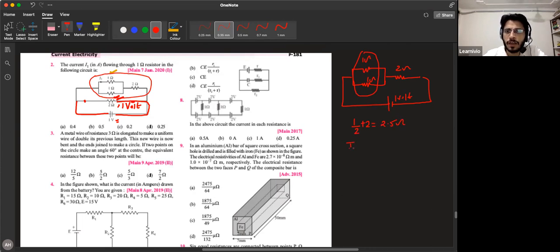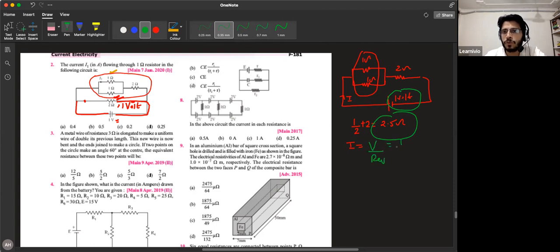How much is the current through the system? Nabil Ahmed, how much is the total current through the system? "I1 plus I2, sir." I'm asking for the total current. Not 2I1. See, the total voltage is 1 volt, total resistance is 2.5. Yashika, what will be the total current?